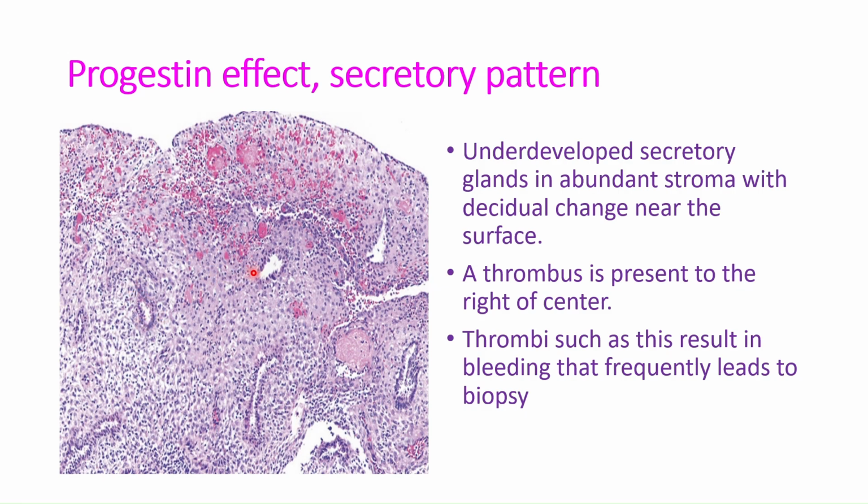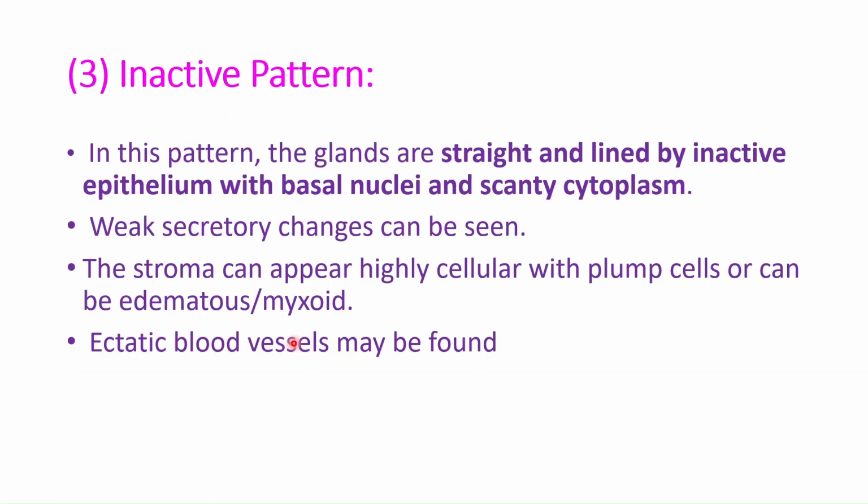Here the endometrial glands have an inactive appearance, some with secretory change, and there is thrombus formation here in the vessel, and this type of thrombi results in bleeding, which frequently leads to biopsy. So these are the underdeveloped secretory glands.